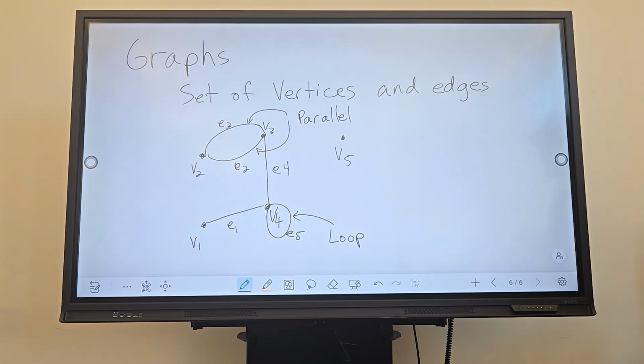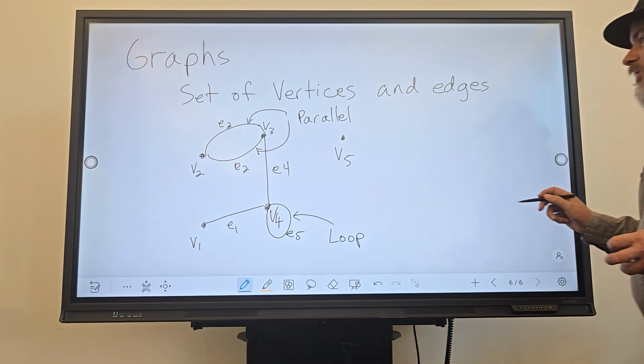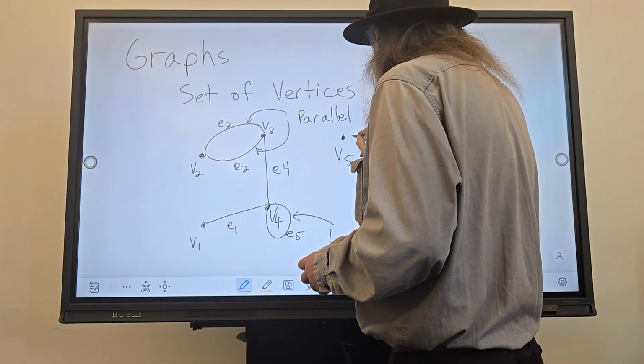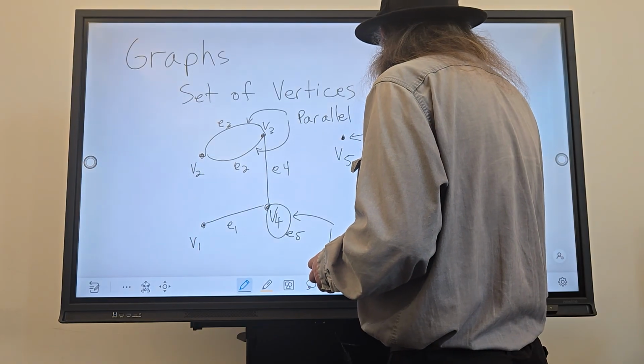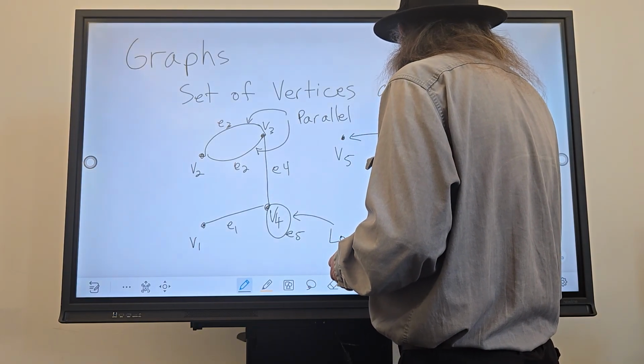E5 is a loop. E2 and E3 are parallel. And then V5 is said to be isolated.